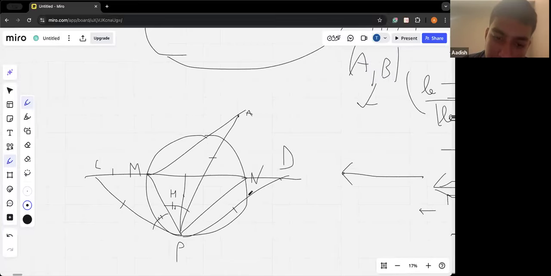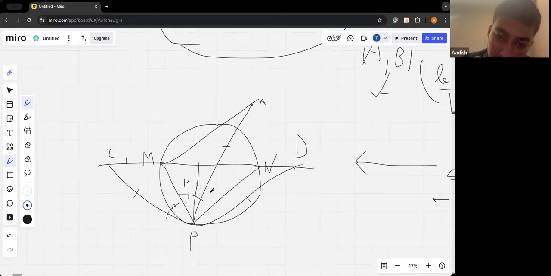Also, can you notice something? This angle is this angle, and this angle is this angle, right? Same reason. So the angle CPD is double the angle MPN, right? So this whole angle is 2P.